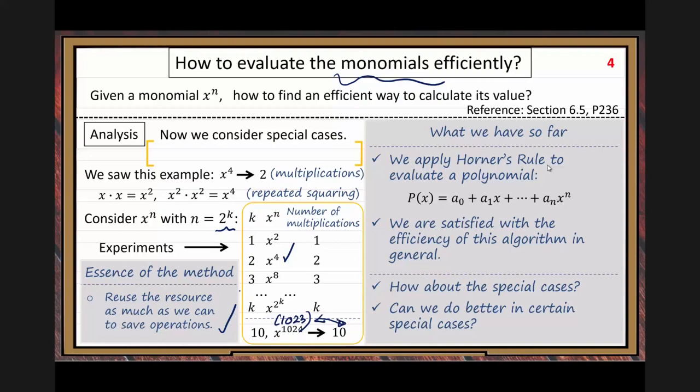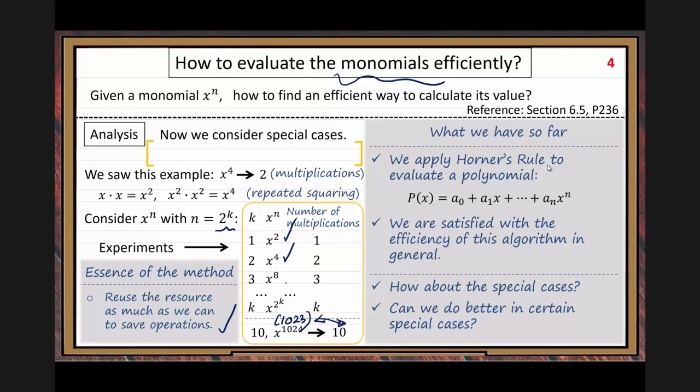Here, what do we treat as our resource? After we calculate x squared, we treat x squared as our resource. We already have it. So later, when we have a chance, we use our older resource. We do not recalculate x squared. After we calculate x to the 4th, that's our resource, and we reuse it.